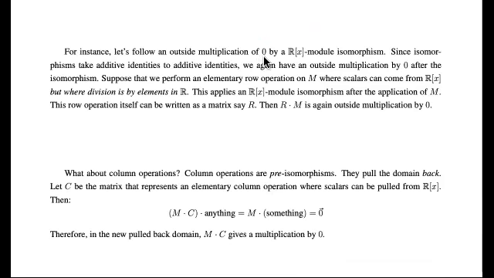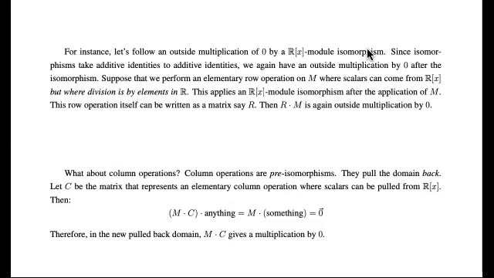So we're going to put our multiplication by 0 in another setting, where it's maybe a little bit more clear. It looks like we're going to follow an outside multiplication by 0, which is an R[x] module isomorphism. So it's like a vector space isomorphism, but it's a module isomorphism. And the way we're going to do that is row operations.